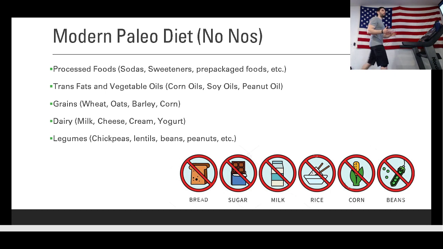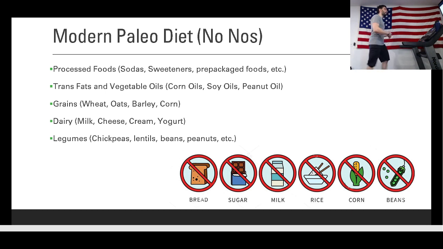And if you're getting back to the intent of this hunter-gatherer mindset, you wouldn't have been able to go out and find rice out in the world, you know what I mean? So the idea is that our bodies weren't meant to digest grain, right?